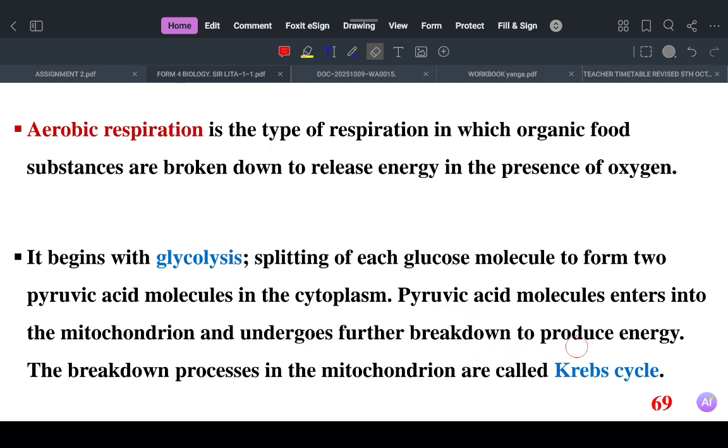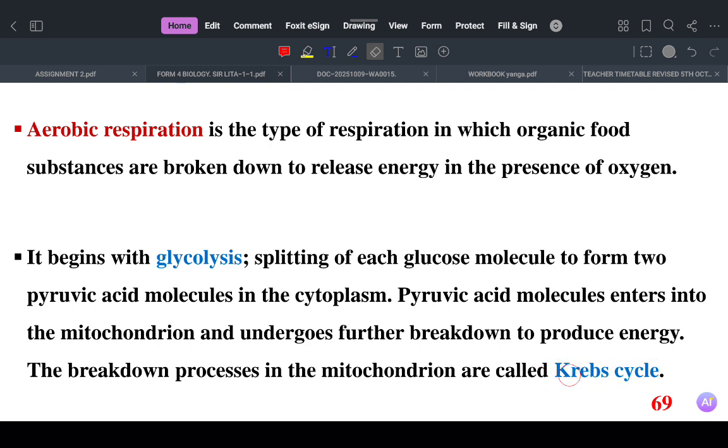All right, so that's basically what we are saying. So the breakdown process in the mitochondrion is a process called the Krebs cycle. So we are saying pyruvic acid molecules enter into the mitochondrion and undergo further breaking down to produce energy. So this process is called the Krebs cycle.